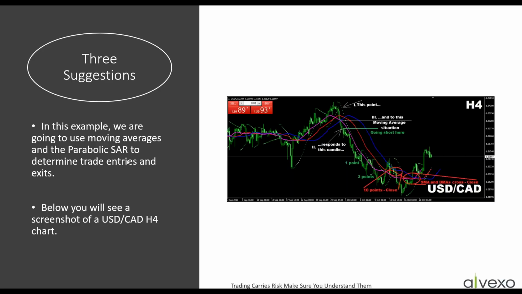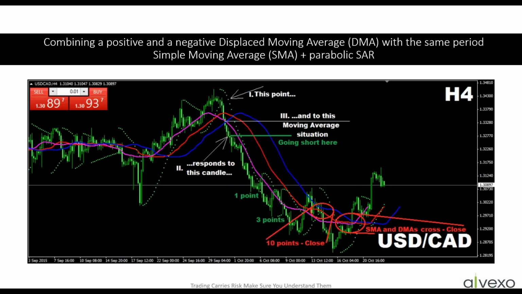We're using a positive displacement and a negative displacement. So we're combining a positive and negative displaced moving average with the same period simple moving average and a parabolic SAR. So we've got 3 different moving average lines on here, and then you see the dotted line for the parabolic SAR.